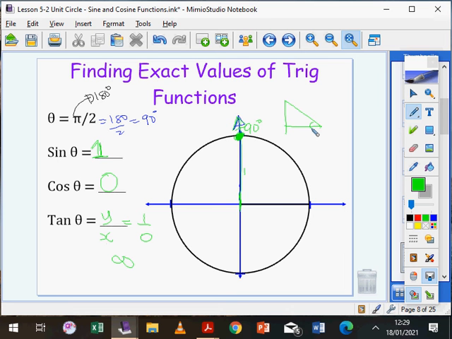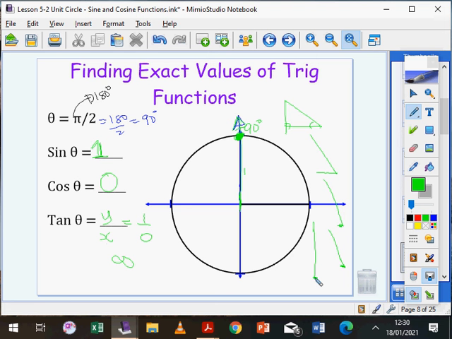But as this angle gets bigger and bigger, the adjacent keeps getting smaller. When it gets to straight vertical, 90 degrees, the adjacent will be non-existent. The adjacent will be 0. That's why the tangent of 90 degrees is undefined, because we cannot divide by 0. But that was just a side note.